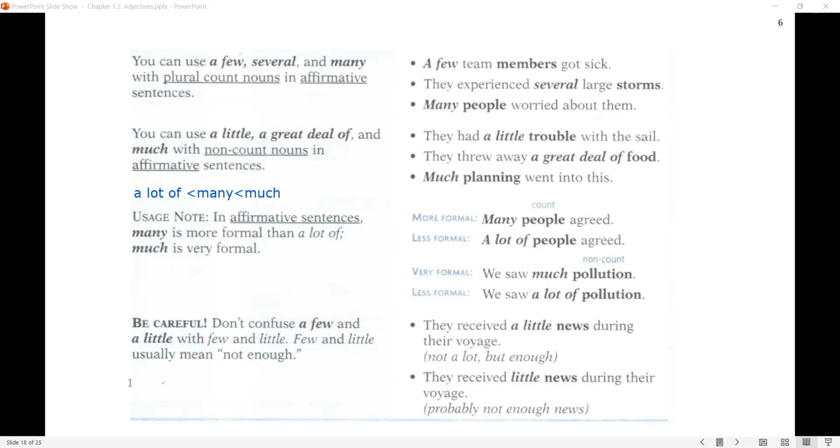Don't confuse a little and a few with few and little. Few and little usually mean not enough. If I want to summarize it, I can say use a little and little with non-count nouns, and a little has a positive meaning, little has a negative meaning.